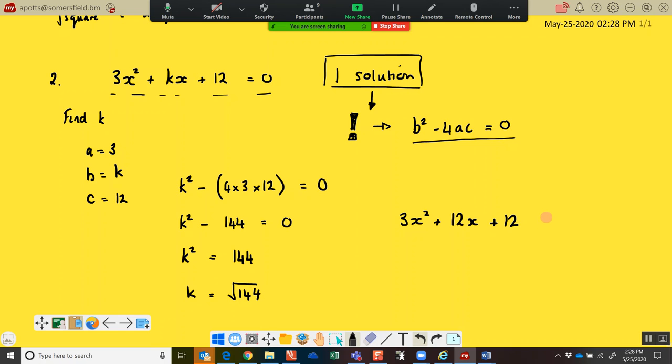Plus 12 is equal to 0. Any other options? Or is that it? That's good, because it said it has one solution. Right? You sure? No other options?